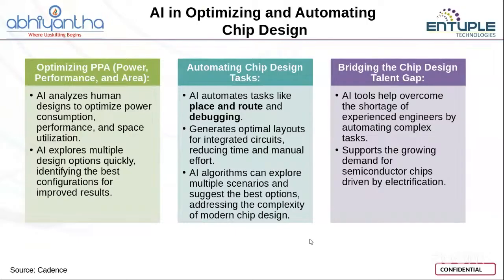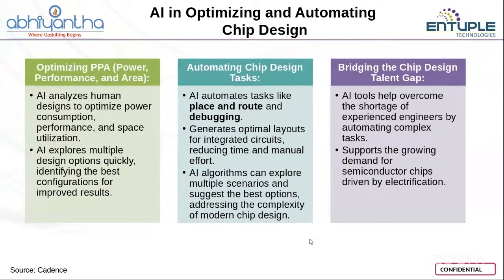While automating chip design tasks, the main task is our backend portion. Compared to the front end portion, the logic backend portion requires very high accuracy. AI tools will automate this process, place and route, and debugging, reducing the time, and generating optimal layouts.